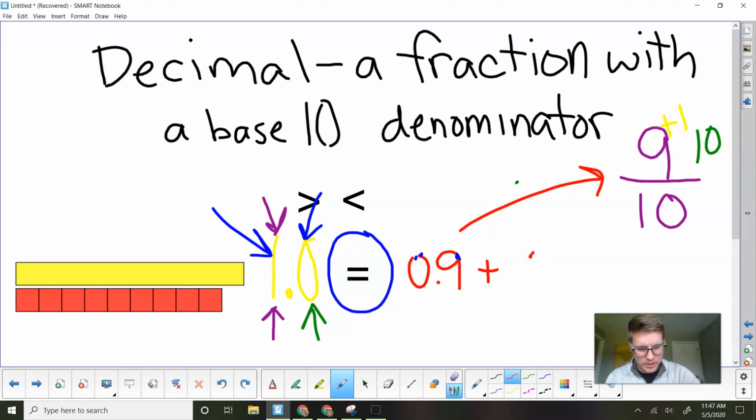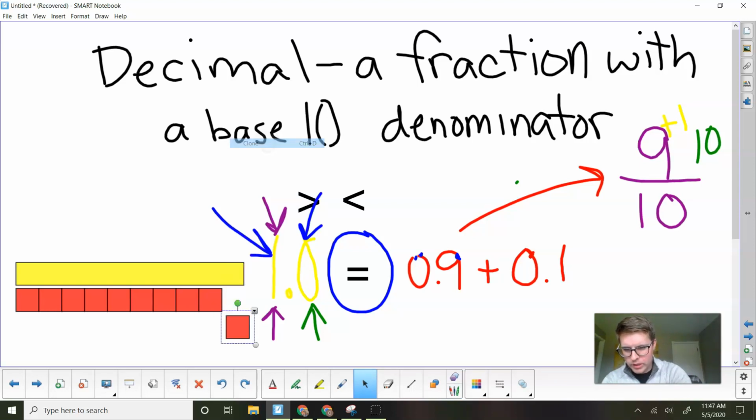right? So look down here. 0.9 plus 0.1, that's what 0 point means, 0 and 1/10. If I add 0.9 and 0.1 to my model, let me clone one of these. If I add it, oh, would you look at that? Now I'm equal.